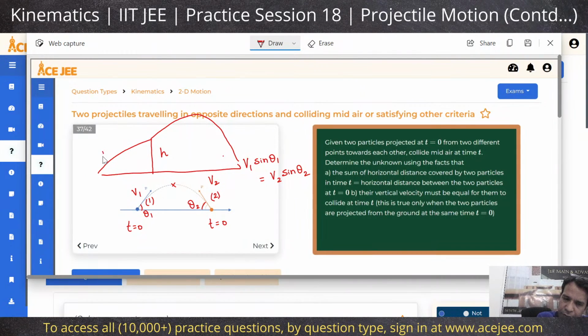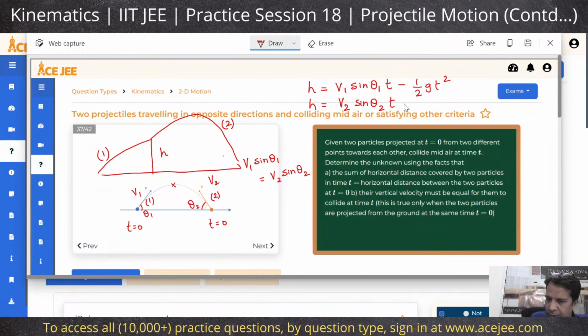So for projectile 1, h is equal to v1 sine theta 1 times t minus half g t square. And for the other also we have h is equal to v2 sine theta 2 t minus half g t square.